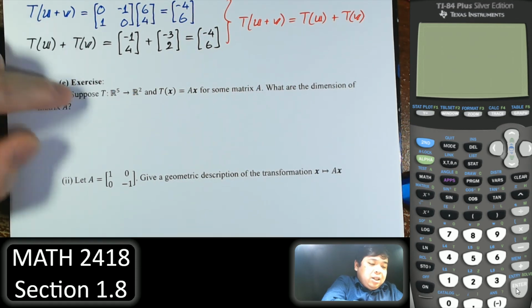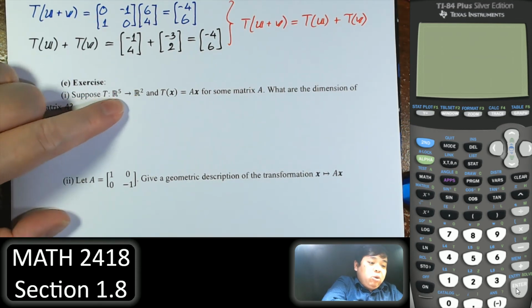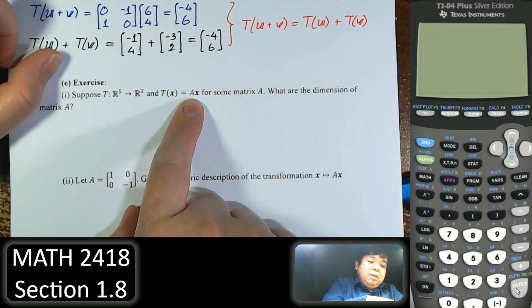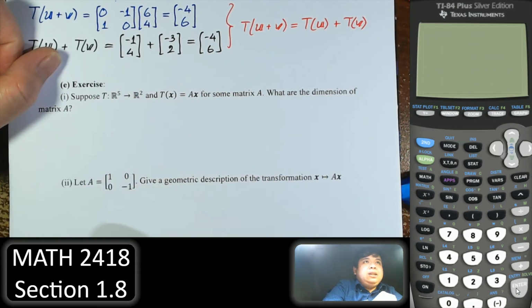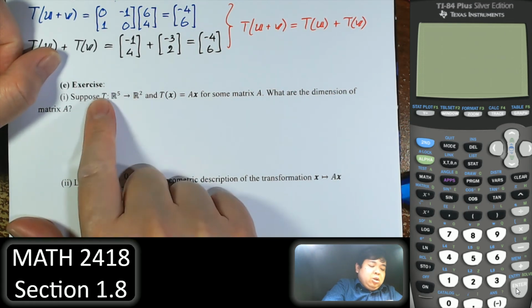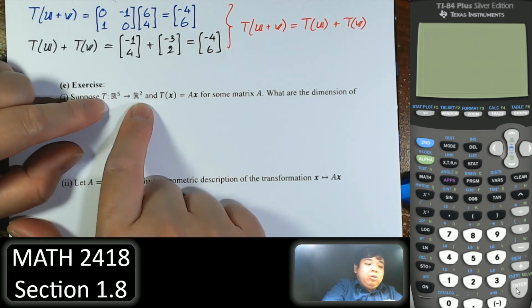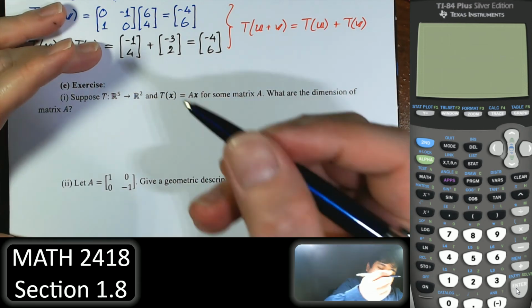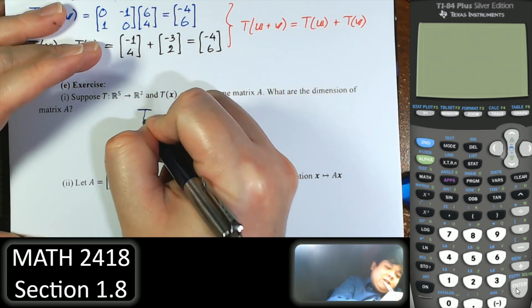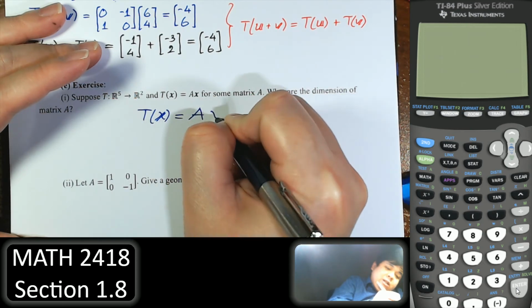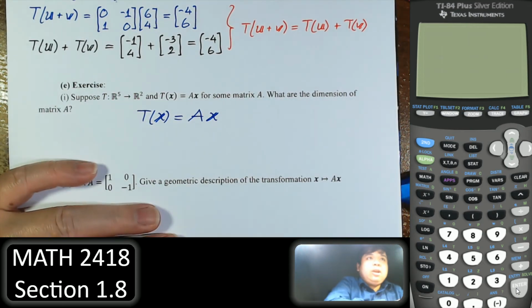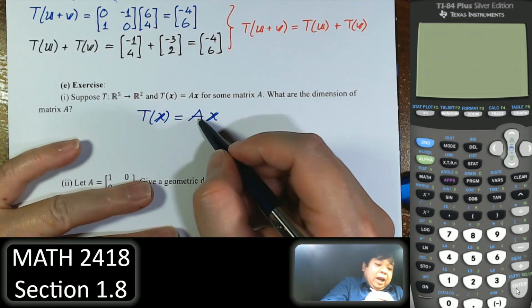Suppose that the transformation goes from R5 to R2 and T of x equals A times x for some matrix A. What is the dimension of the matrix A? So suppose T goes from R5 to R2. We write it very simply like this: T of x is equal to A times x. Now, A we don't know the dimension.